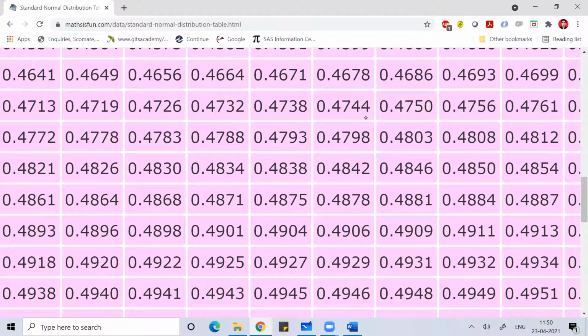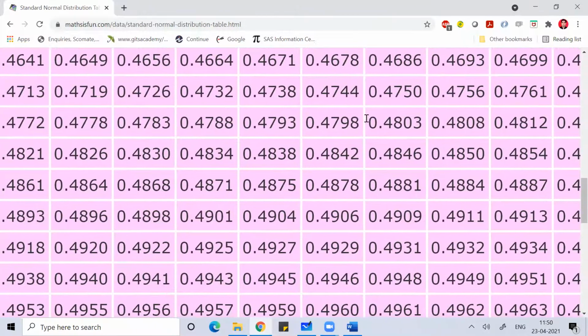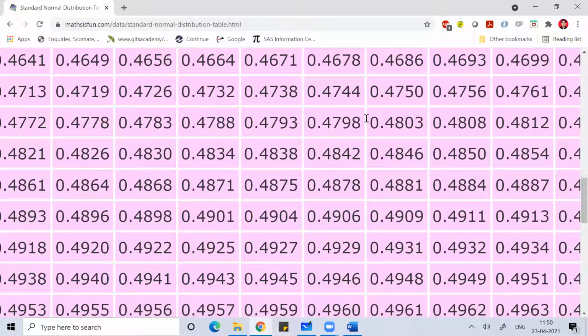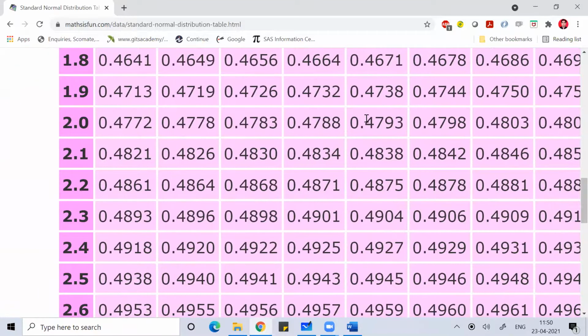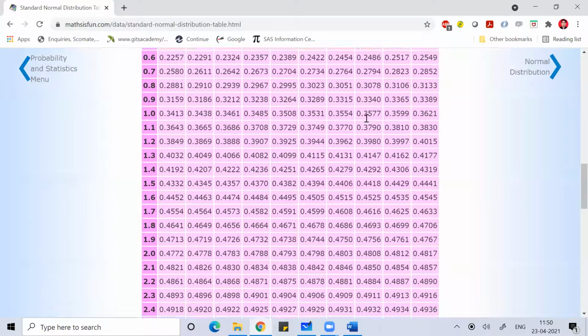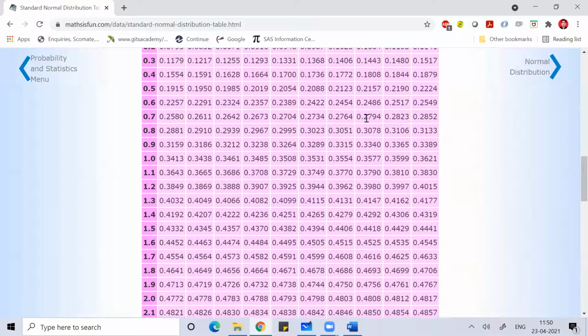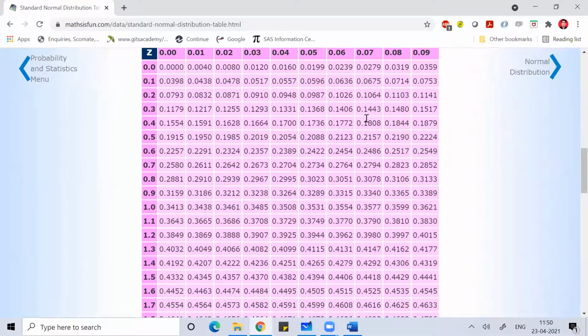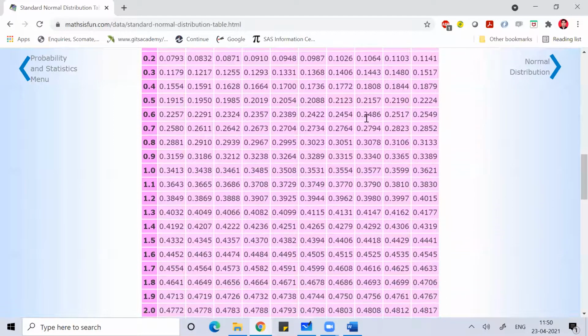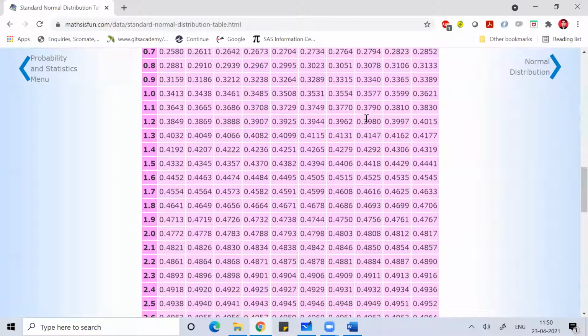If you see the value 0.49, corresponding to what value? That is 2.33.